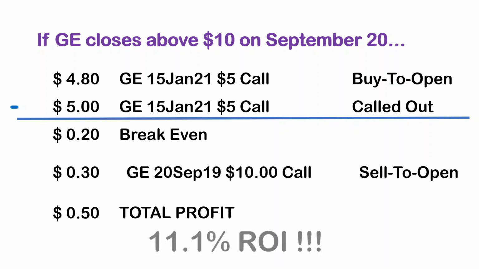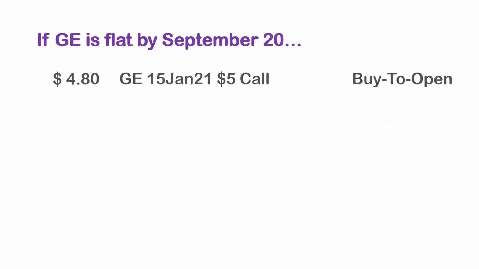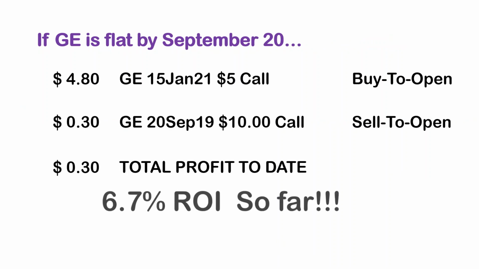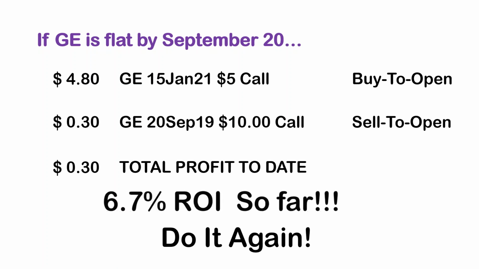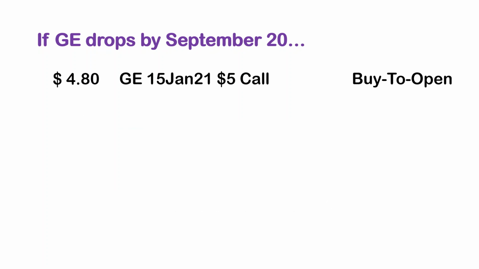Not bad. What happens if it is flat? Just like before, we get to keep our 30 cents, and we're going to go and do it again and again and again and allow it to compound. And what happens if GE drops by September 20?